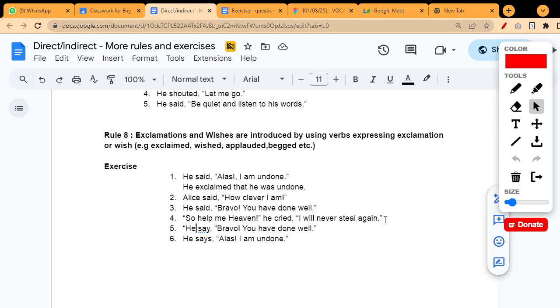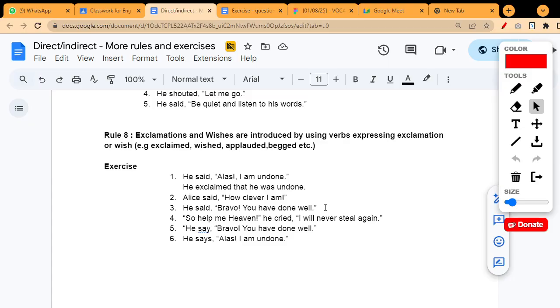So you could use the word begged here. Fifth sentence, maybe you could use the word applauded. Okay. Then bravo, you have done well.